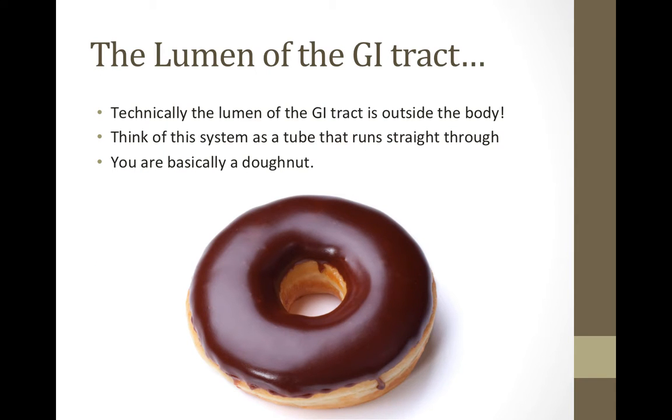So, just to give you a picture of what your digestive tract is, basically you're one big donut. You can think of yourself as a donut, and at the top of the donut is your mouth, and at the bottom of the donut is your bum, your anus.